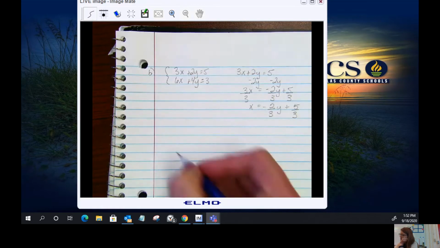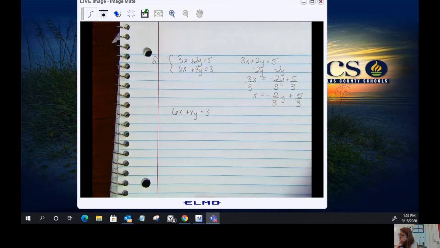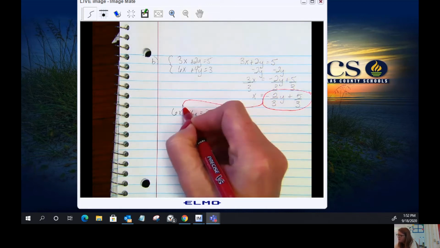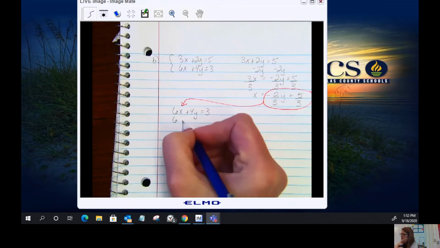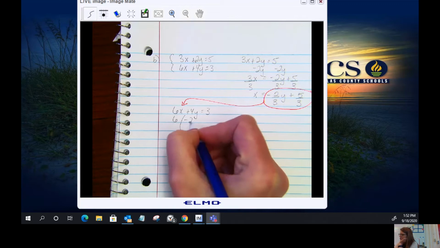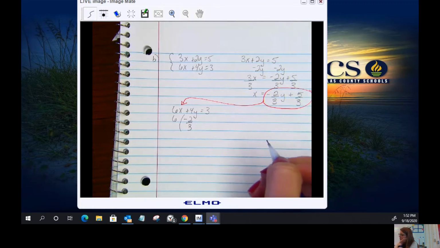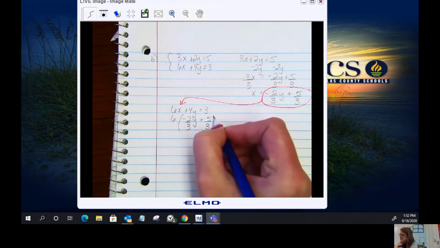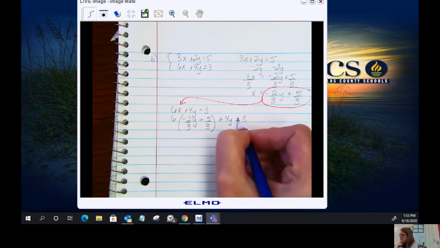So now let's grab the second equation, 6x plus 4y equals 3. And again, I solved for x here, so I'm going to take this and put it in for that x. 6 times (negative 2/3 y plus 5/3), I've got to put it all together, plus 4y equals 3.